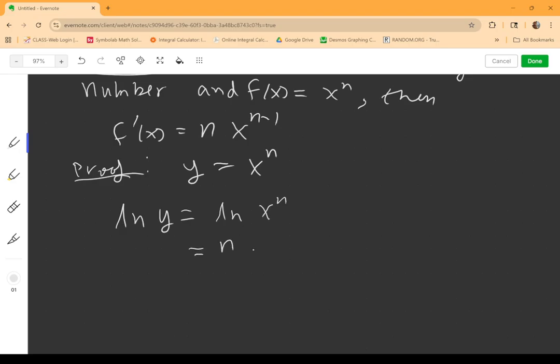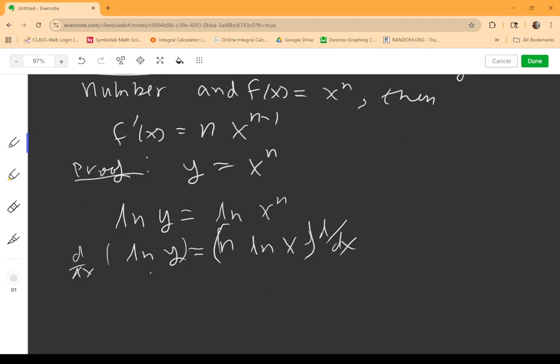Powers of logs we can rewrite like this, right? ln of y equals n ln of x. And now taking the derivative of both sides, using the derivative like an operator, d/dx here.